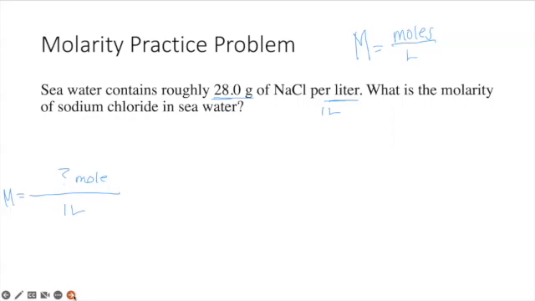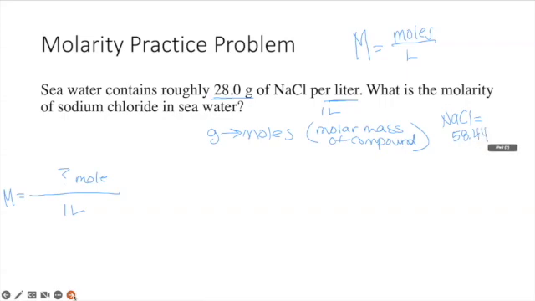We know how to go from grams to moles. To get from grams to moles, we use the molar mass of the compound. Specifically for NaCl, it's 58.44 grams per mole. So we'll have to do some math before we can plug in this number.